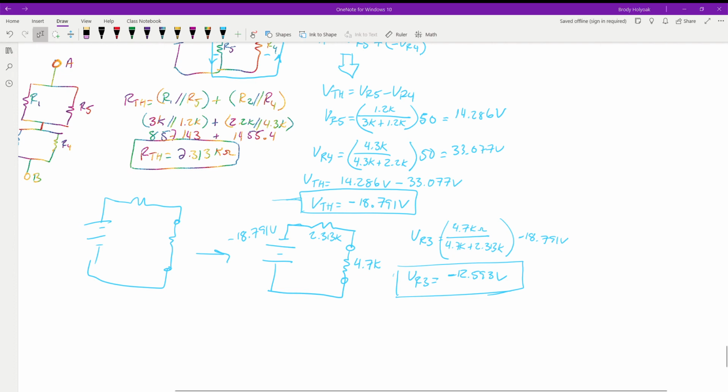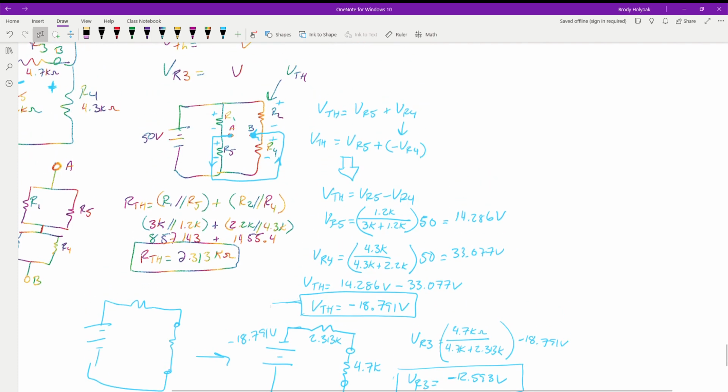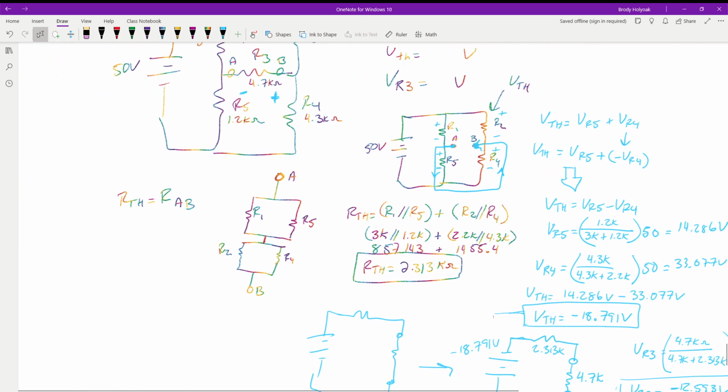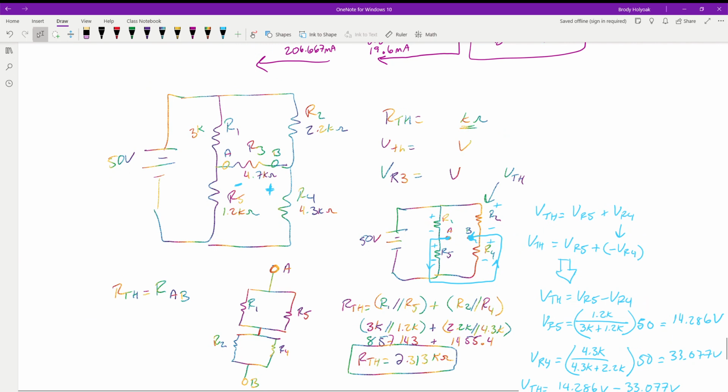Could you essentially pick VR1 and VR2 to find voltage, and then, depending on the loop, I guess you win, but you can still get the answer for your R5 to R4 if you just subtracted out what you got from R1? To a point. The only problem is once we go through here, the value that we got for R3 is the value for R3, but now we still don't know what the voltage is for R1 or R4.